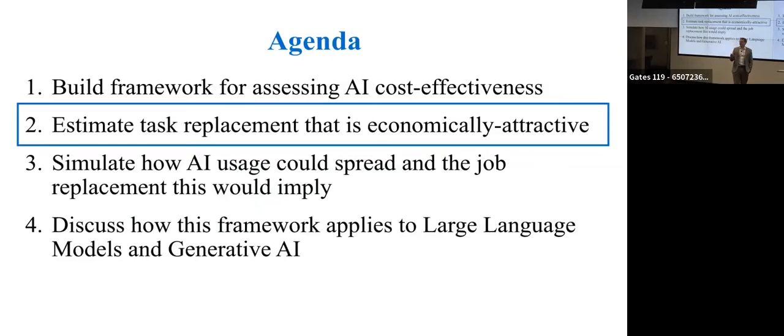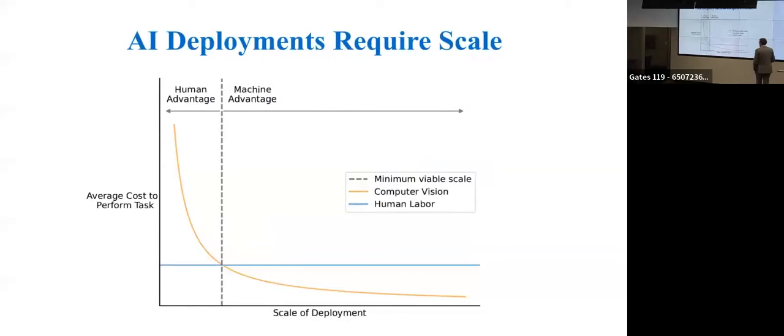Now we're going to estimate the task replacement that is actually economically attractive. A crucial thing here is just economics 101, which says, if I have to build this big AI system, that's a big fixed cost, right? That means my average cost curve for the computer vision system is going to look like this. The more I can deploy it, the lower the average cost.